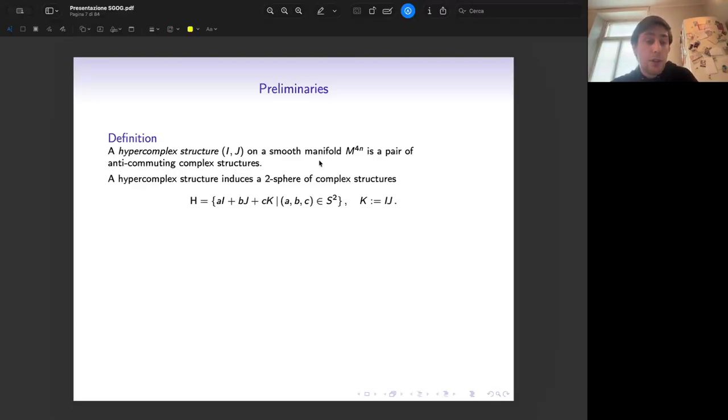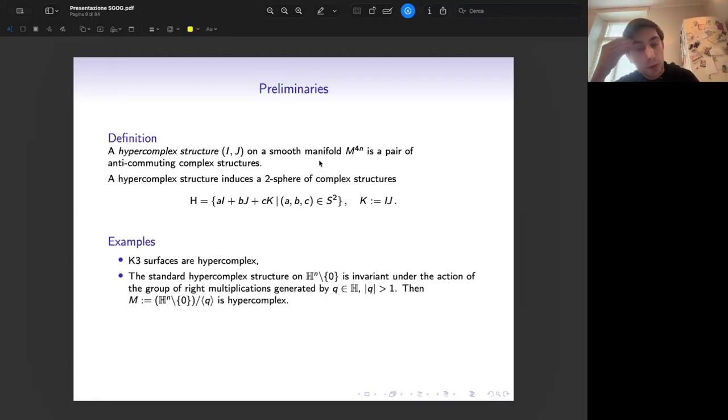Examples of such manifolds are, of course, tori of 4n dimensions, but a more interesting example are the K3 surfaces, which are known to be hypercomplex and indeed hyperkähler. Non-Kähler examples can be produced as follows.